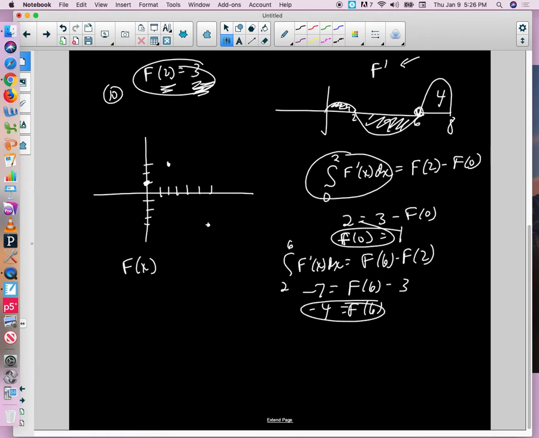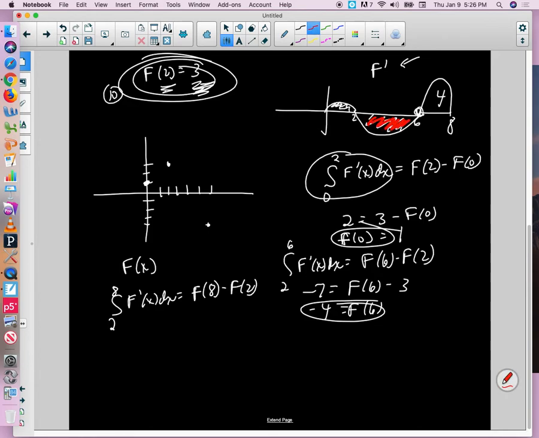All right, and then I'm going to integrate from 2 to 8 of f prime of x dx, still using the 2, the given, is f of 8 minus f of 2. And if I go from 2 to 8, this is, I think that was 7. Yeah, so this is 7, and this is 4.